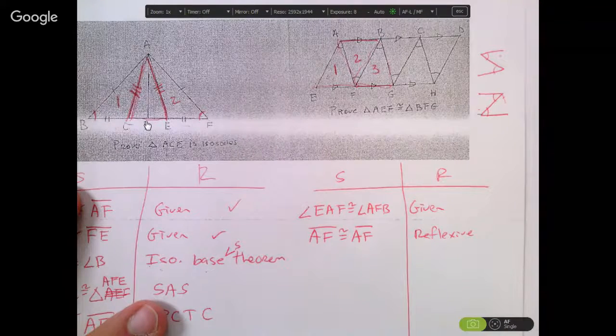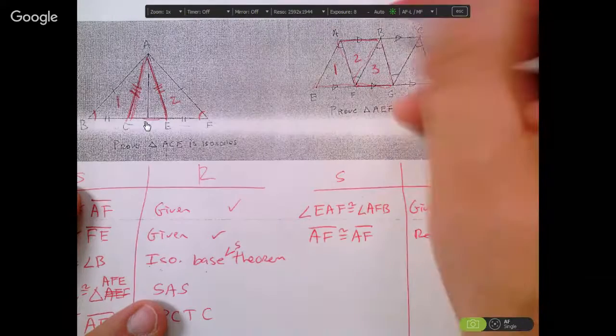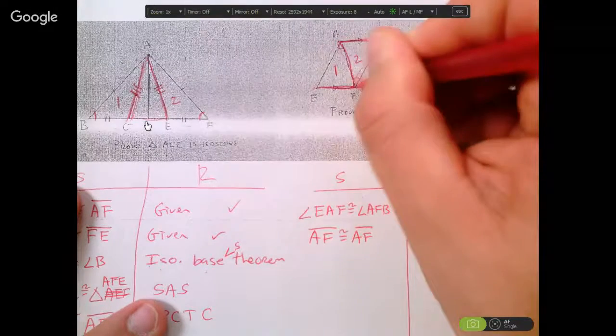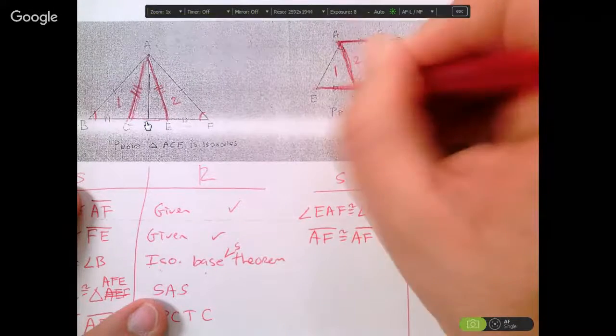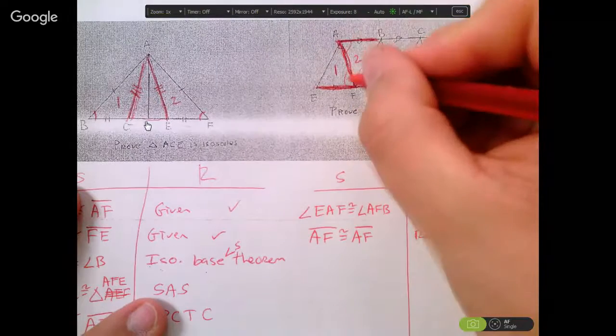Then we could say that angle EFA is congruent to angle FAB. Alternate. Okay, so she's drawing a Z now. This Z right here. We'll say that that is congruent to that.